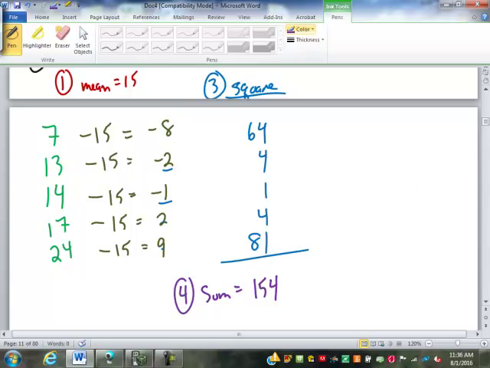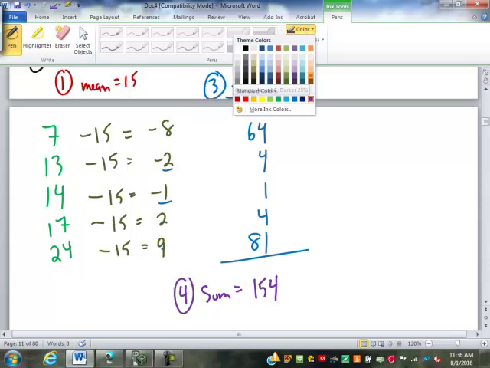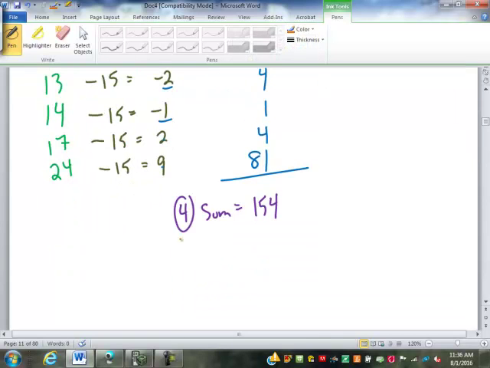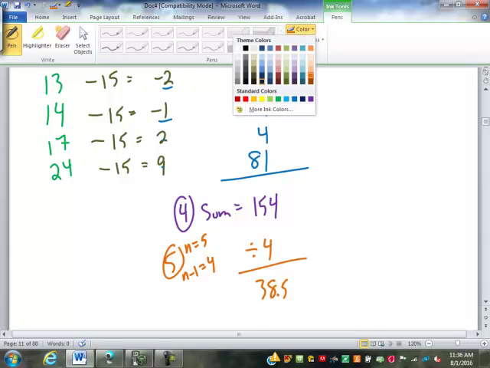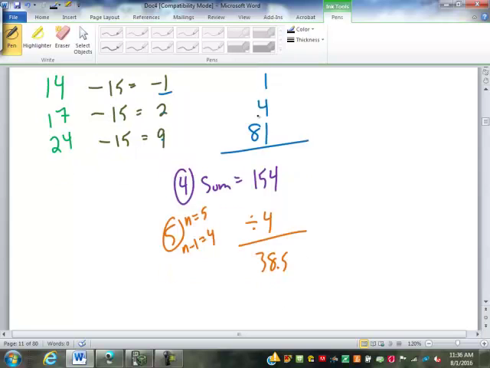Then what? Yes, so we're going to divide by 4 since n equals 5. N minus 1 equals 4. So we divide by 4, which is 38.5. Is that correct? And then square root.